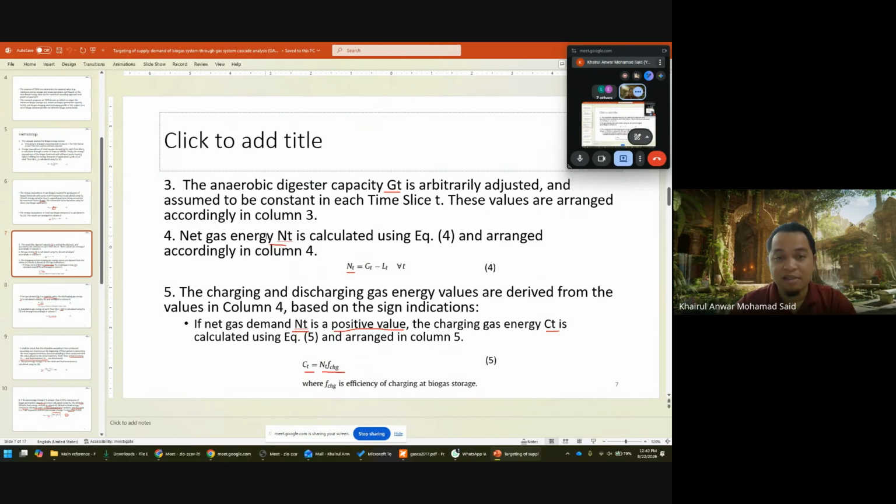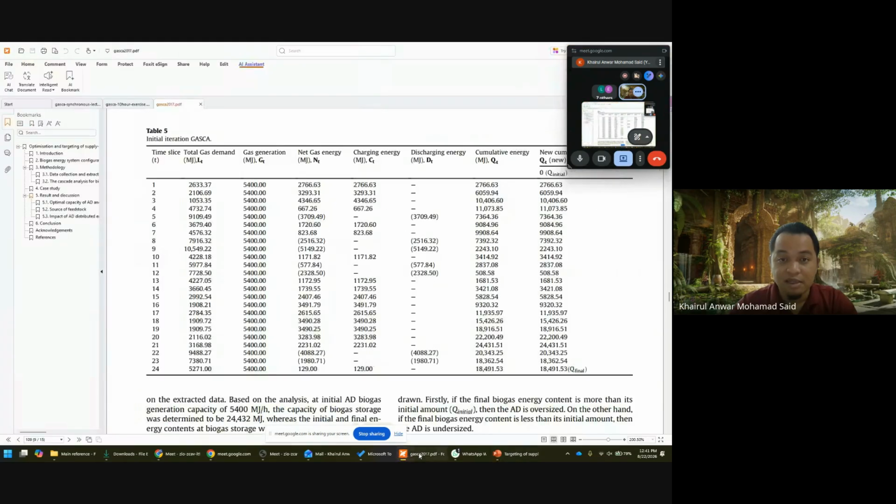So net gas energy NT is equal to this equation. NT is equal to GT minus LT. Yeah, NT is GT minus LT. It doesn't matter if it's negative.